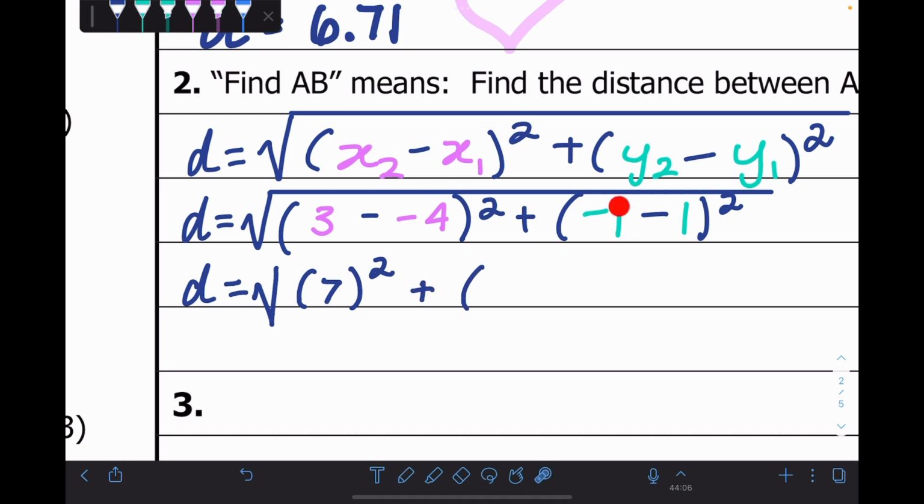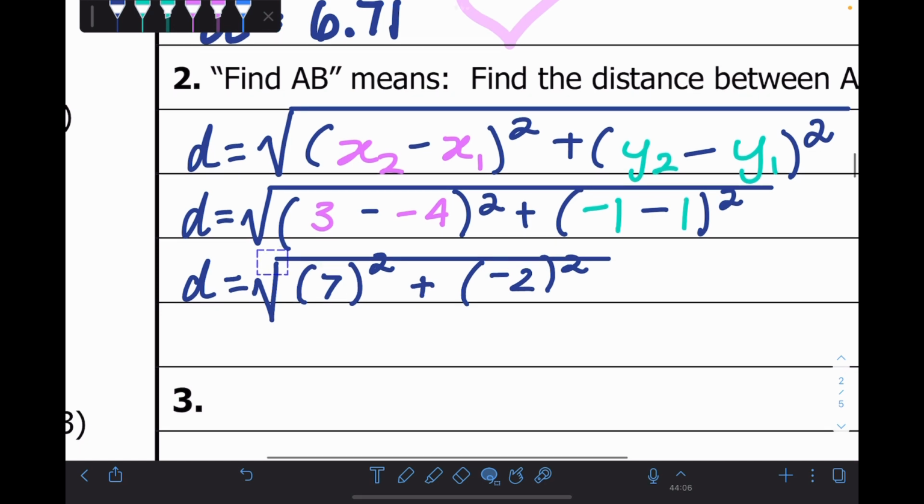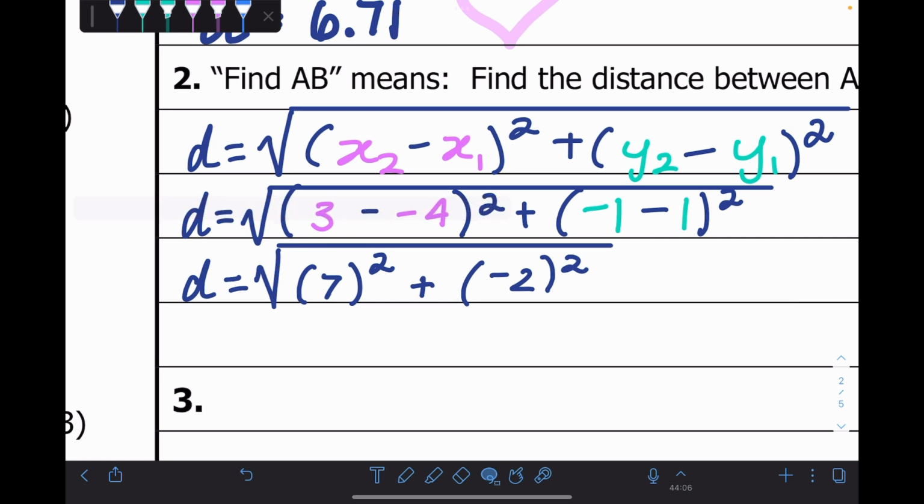Now, -1 minus 1 is, if I'm in $1 debt, spend another $1, I'm in $2 debt now. Alrighty.